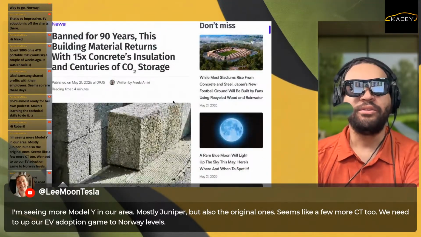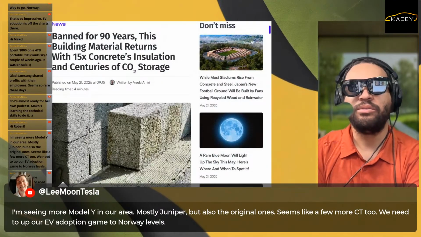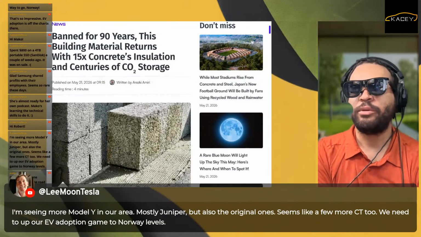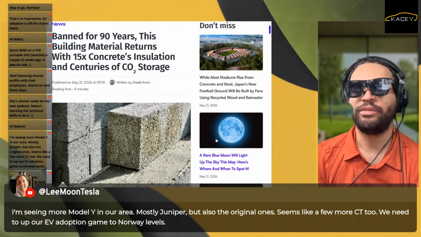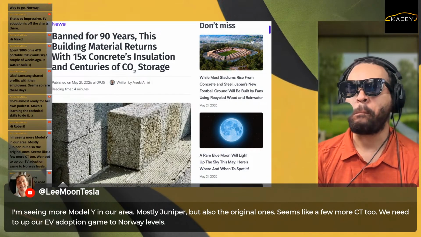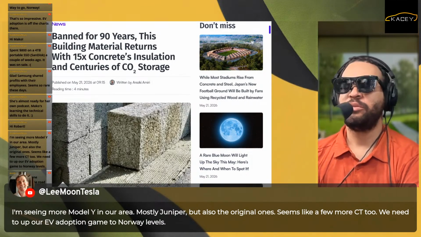Banned for 90 years, this building material returns with 15 times concrete's insulation and centuries of CO2 storage. And then I see this brick. I watched a documentary the other day on building materials, and I'm wondering if it is something here in the States that was banned, or if it's something else. And the banned is, depends on who you ask if it was banned or not.